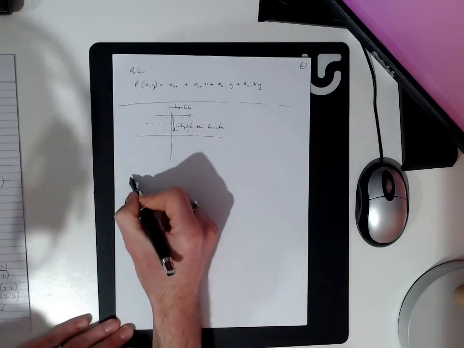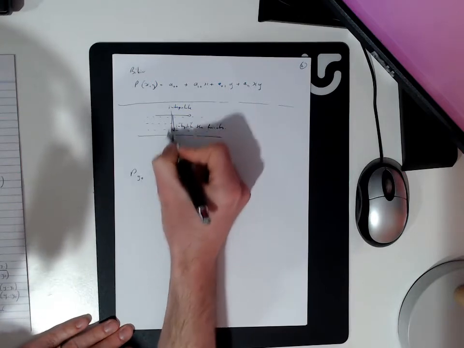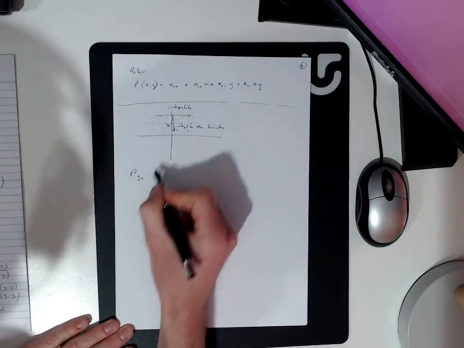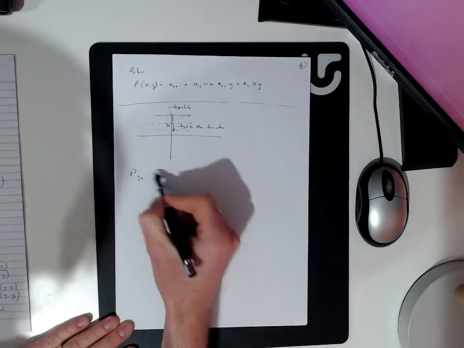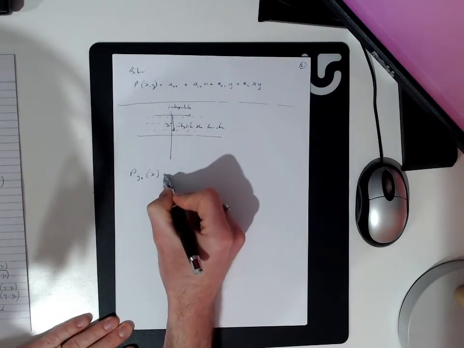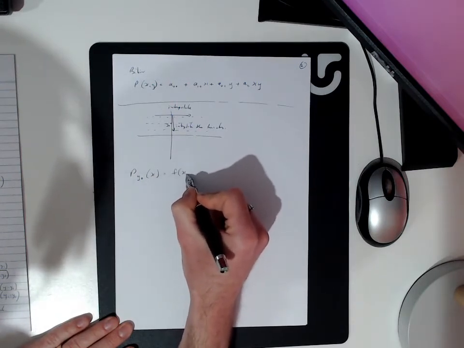So, for example, if I have some y0 and then I interpolate in the x direction, then I end up with a function that looks like this.